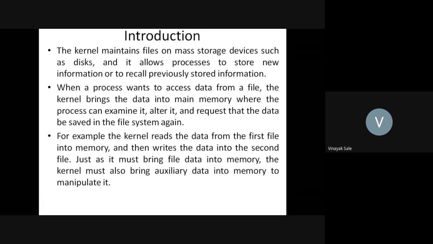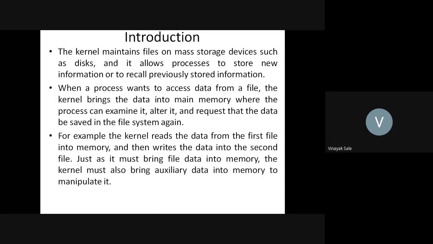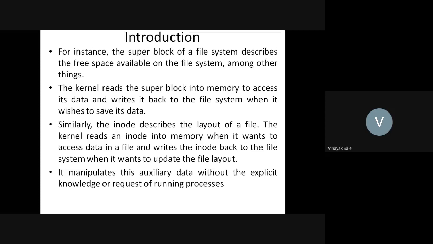Just as it must bring file data into memory, the kernel must also bring auxiliary data into memory to manipulate it. For instance, the super block of a file system describes the free space available on the file system. Among other things, the kernel reads the super block into memory to access its data and writes it back to the file system when it wants to save its data.